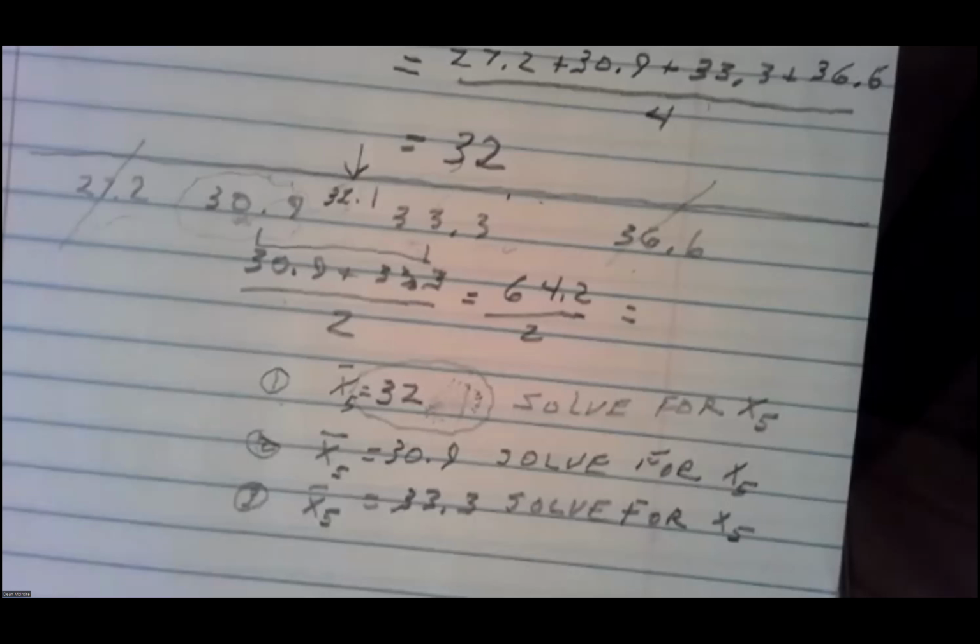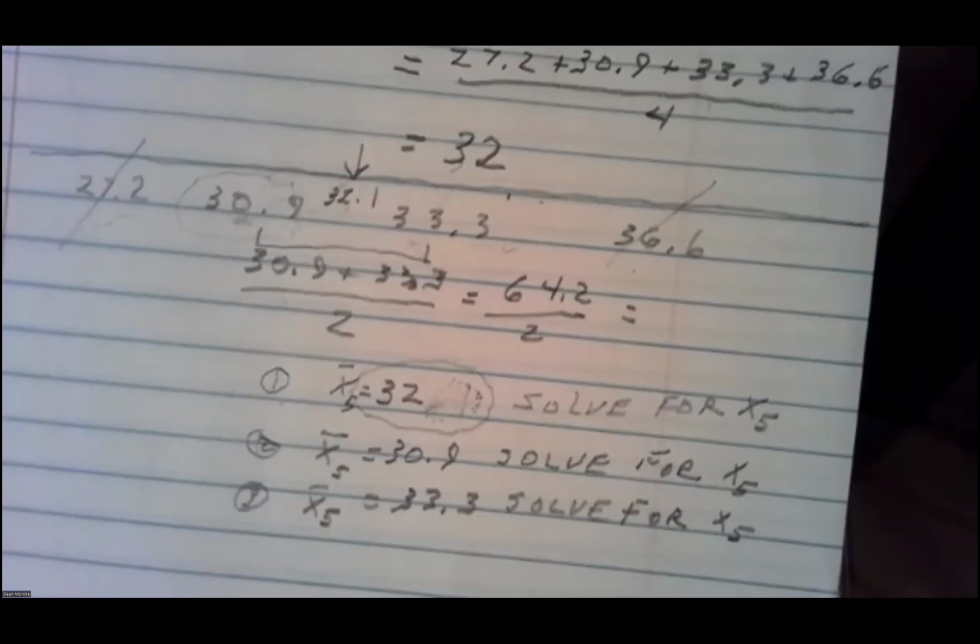So we'll multiply this side by 5 and this side by 5, and the 5s over here will cancel out. And that gives you 30.9 times 5, which is equal to 154.5. And that's equal to 128 plus x sub 5.